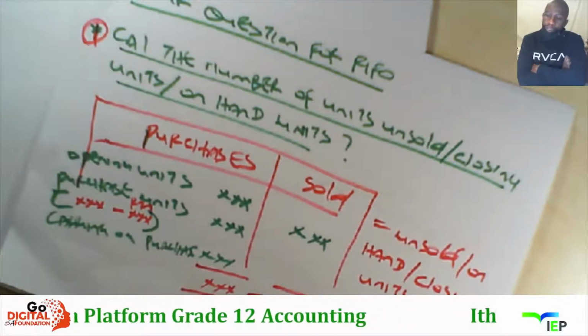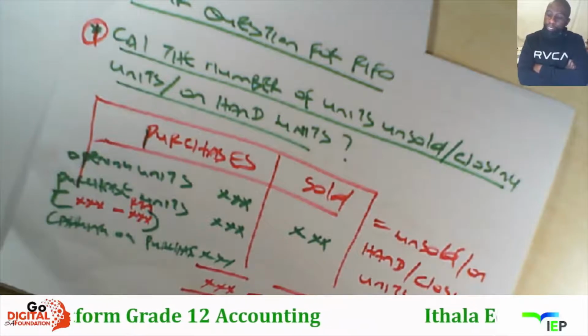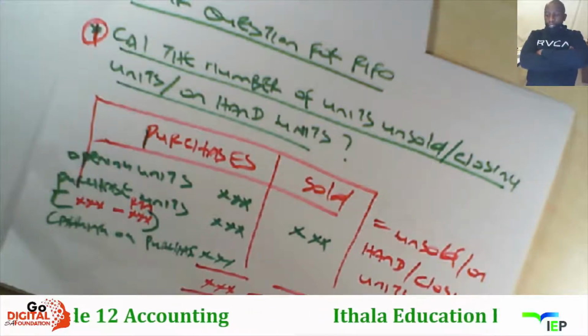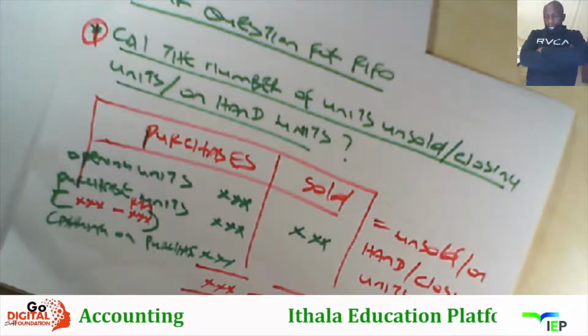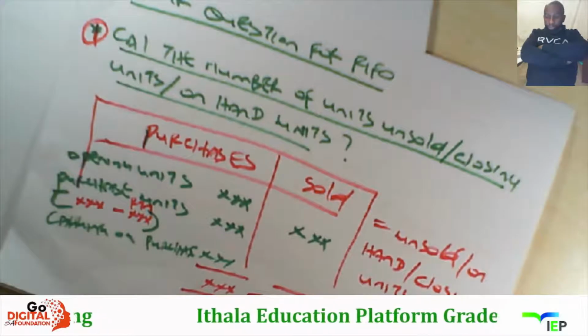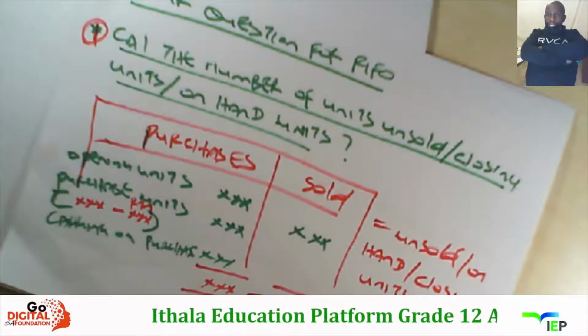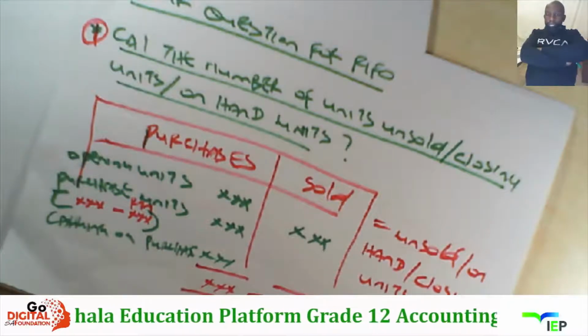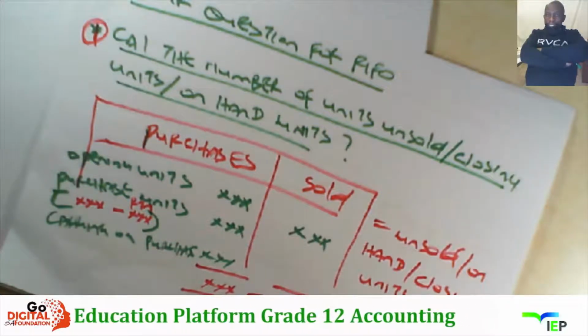Therefore you get units on hand, or closing units, or unsold. That's the first thing that is very important that you must understand. Very important, you must understand that part.